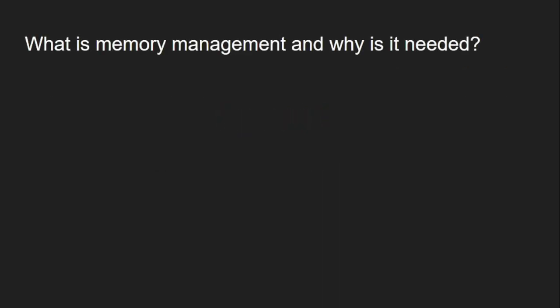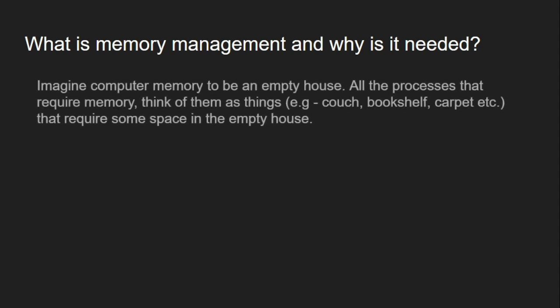So let's first understand what is memory management and why is it needed. To understand memory management, let's think of it as an empty house. We can imagine computer memory to be an empty house, and all the processes that are there in a particular computer when we are running a program, we can think of them as things.